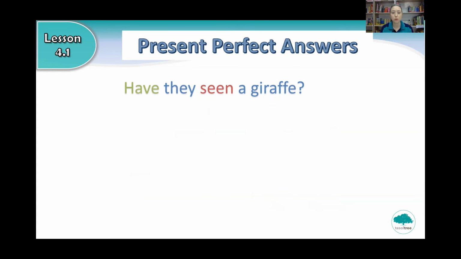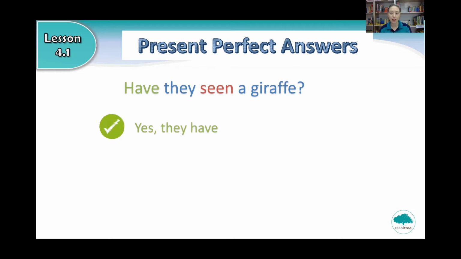Let's look at some more questions. So this time we have, have they seen a giraffe? What's the answer if it's yes? Yes, something. Have they seen a giraffe? That's right.